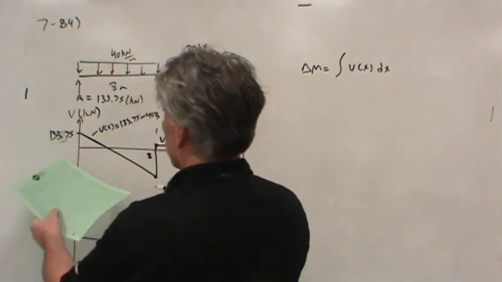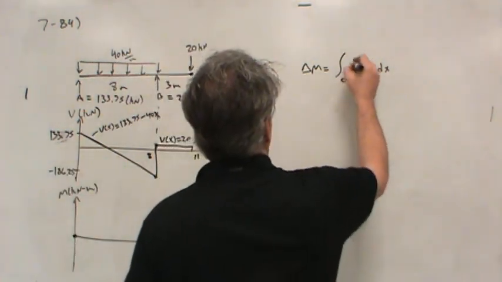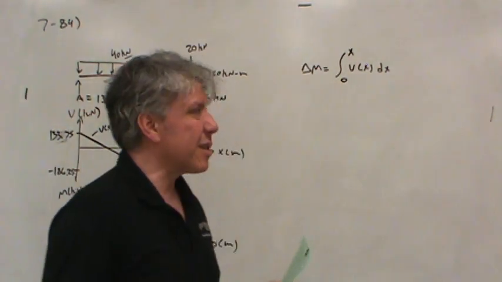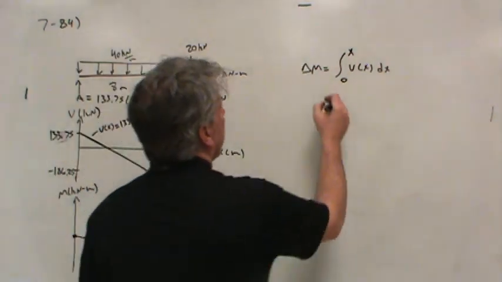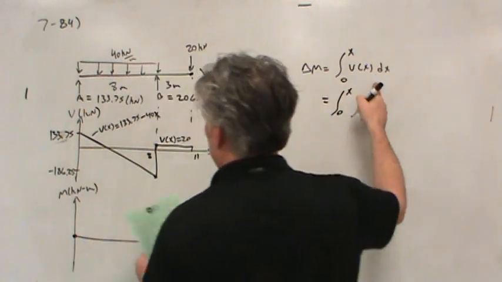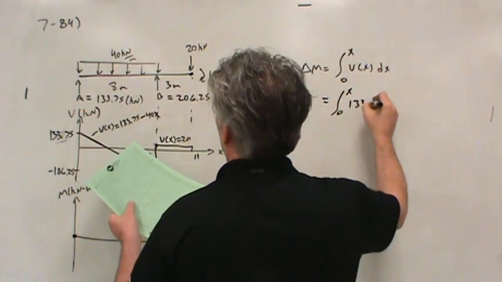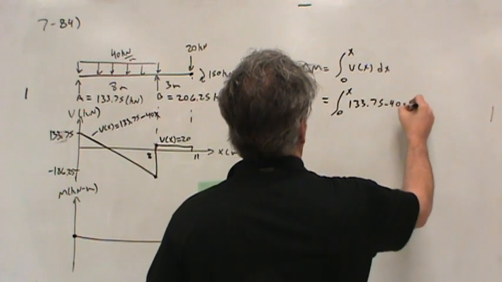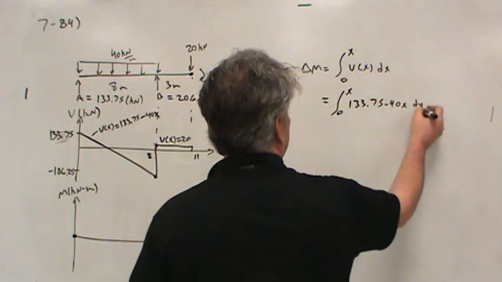Of course, this equation is only valid from 0 to 8. So 0 to some position x, where x is less than or equal to 8. And so what would that look like? Well, V of x is 133.75 minus 40x, and then dx.